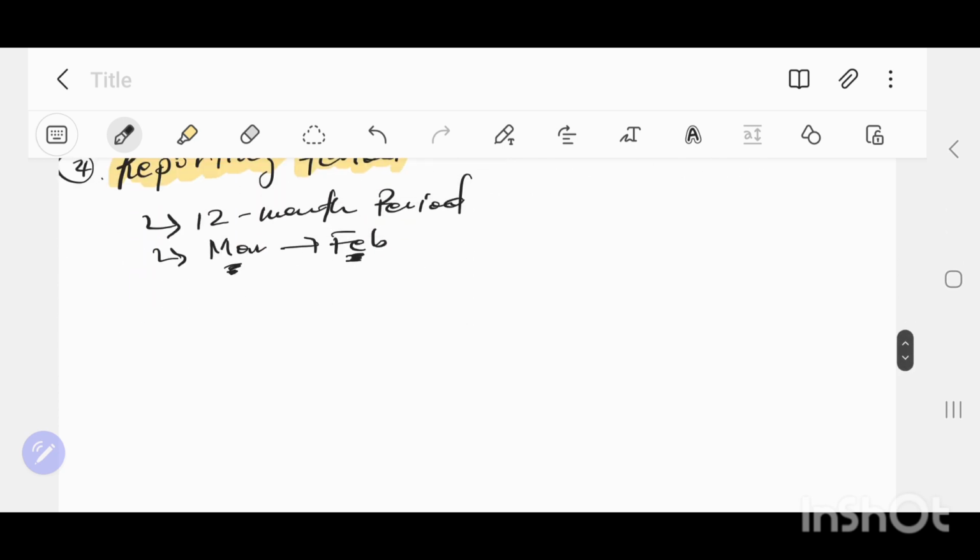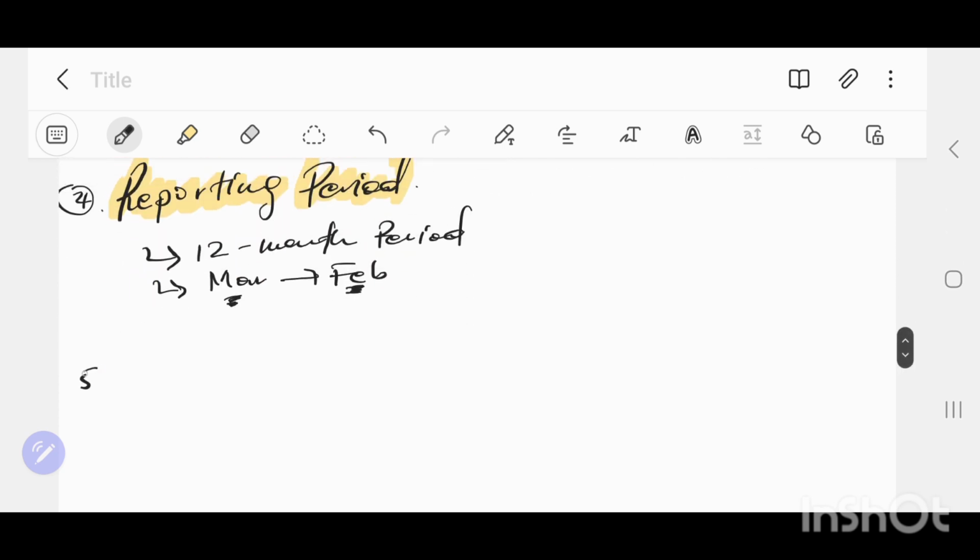And then the next concept that I'm going to speak about is the going concern principle. This is one of the most important principles as well.